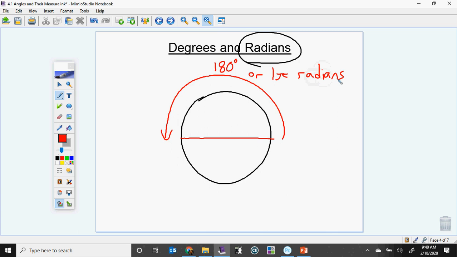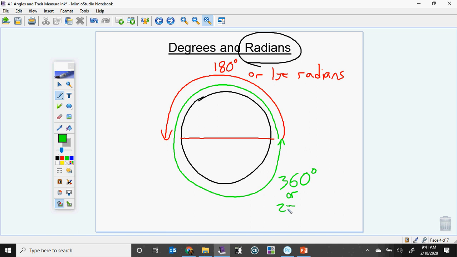So halfway around the circle is 180 degrees, or 1 pi radians. If I go all the way around my circle, that's 360 degrees, or 2 pi radians.